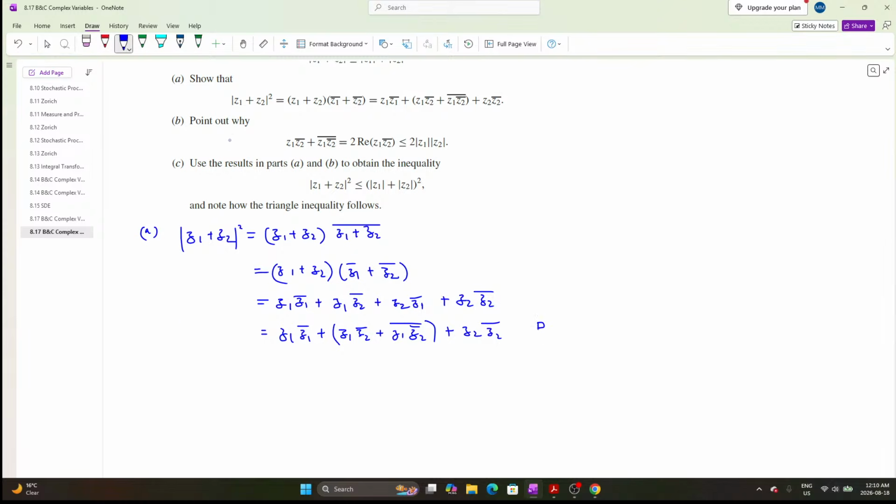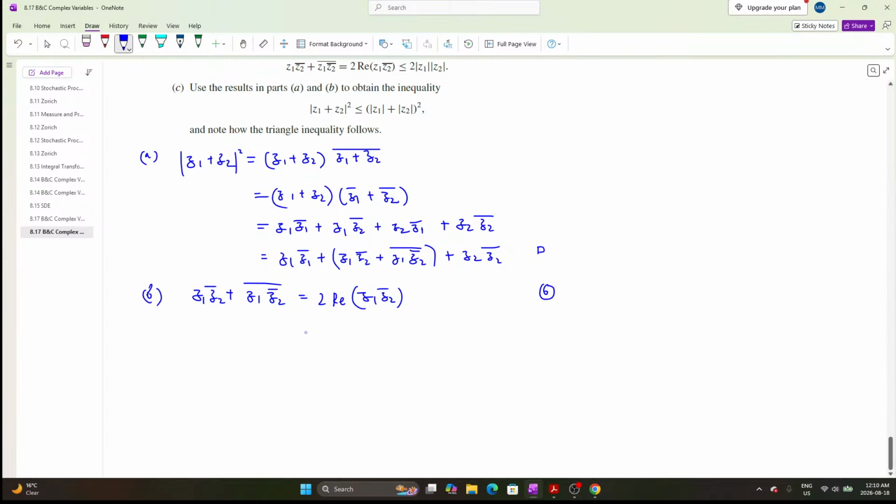Part B, in the middle you have this inequality. In the middle here you have z1 z2 bar plus its conjugate. This is twice the real part of z1 z2 bar, and that's exactly equation number 6.